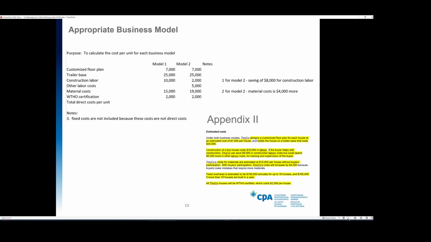So in this aspect, there are a few notes that I need to include. For construction labor, so for the second model, where the participant is also part of helping with the structure of the tiny home, there is a difference in the cost. So again, I put that in there so that the marker knows what I've done, and how come I've arrived at $2,000 instead of $10,000.